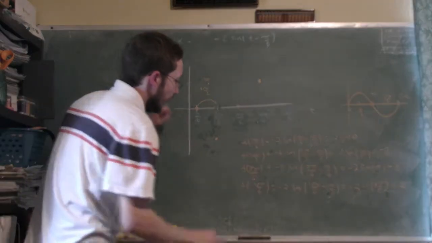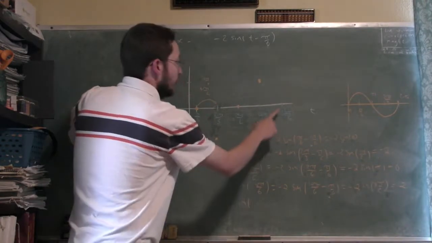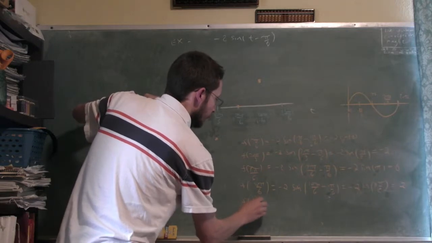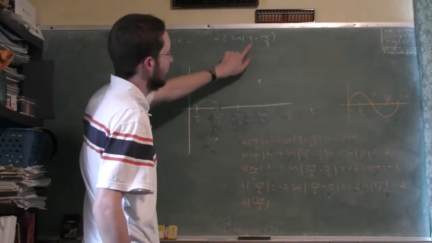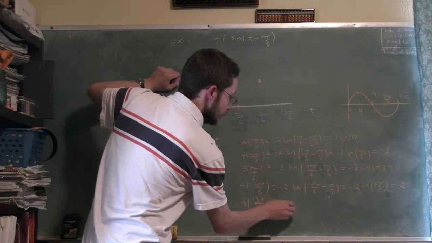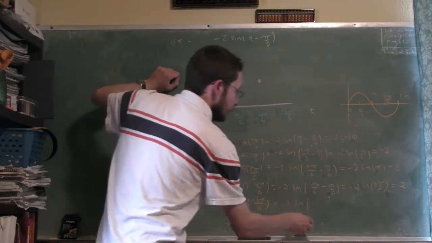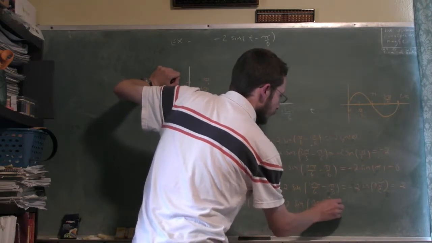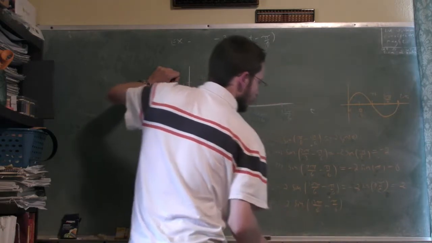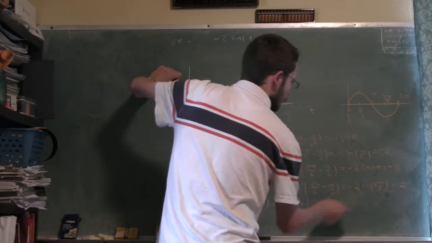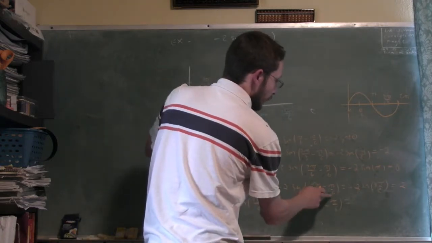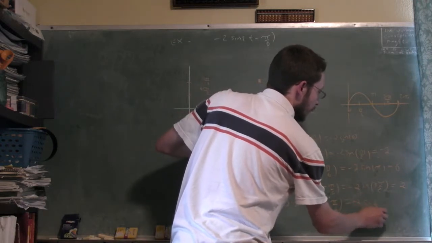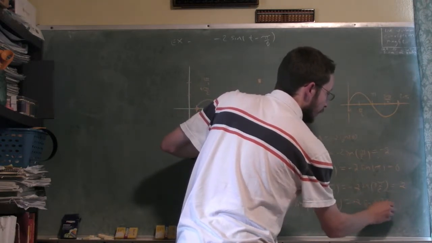And now, f at the last key point, 13 pi over 6. You plug that in here for t. So what do we have? 13 pi over 6 minus pi over 6 gives us negative 2 sine of 12 pi over 6.